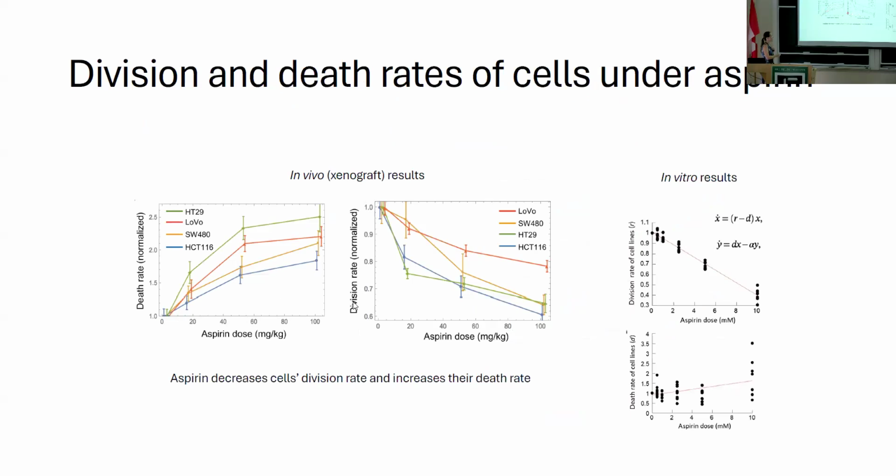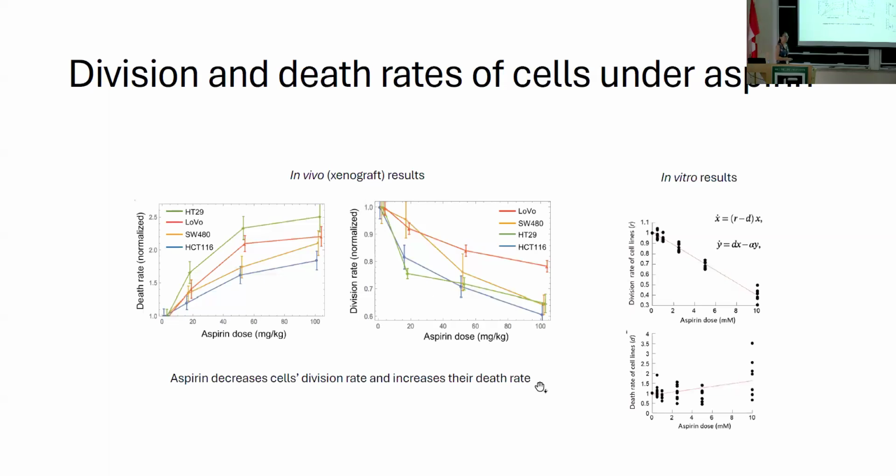rate of cells as a function of the aspirin dose. You can see here, as the aspirin dose increases, the death rate also increases. The 4 different lines correspond to 4 cell lines that they used. And the result is the same in all 4. Now let's look at the division rate. As the aspirin dose increases, the division rate decreases.